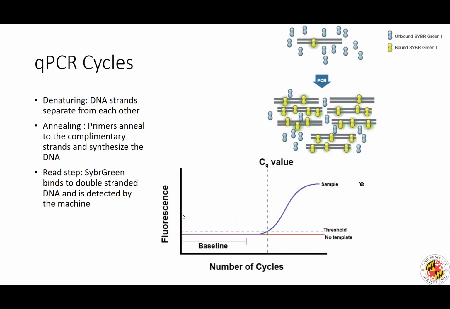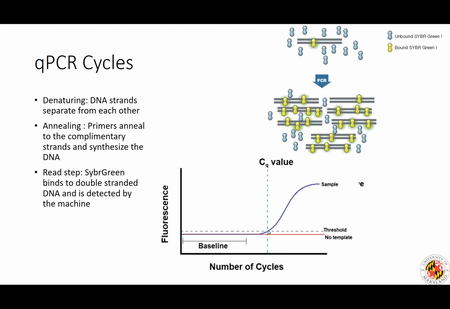The thermal cycler machine is detecting the fluorescence at each cycle. At the very beginning, you have only one or two pieces of DNA, so the fluorescent emission is not that much. At each cycle, as the DNA replication happens, the amount of SYBR Green emission increases as well.